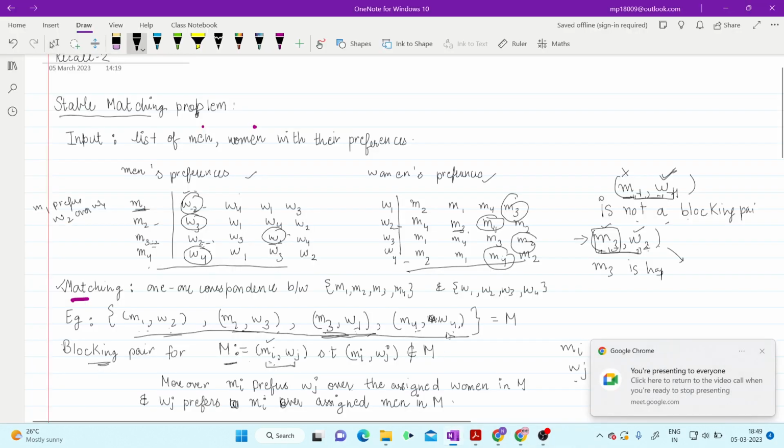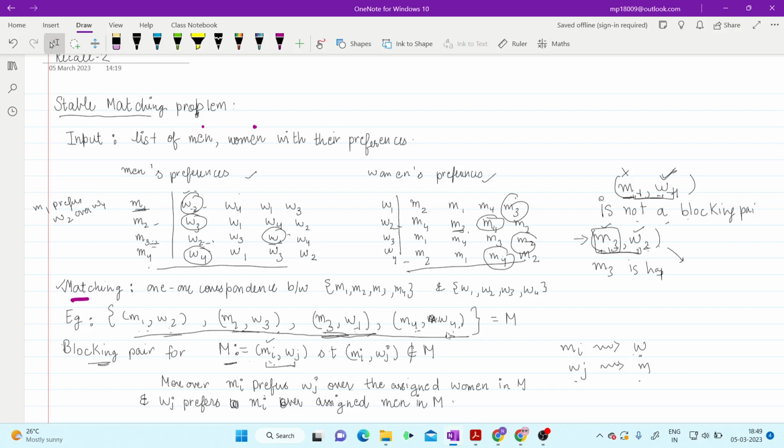In general. In general, no, not necessarily. So if in this example only, you look at W1 M2, W1 M2 is not a blocking pair.